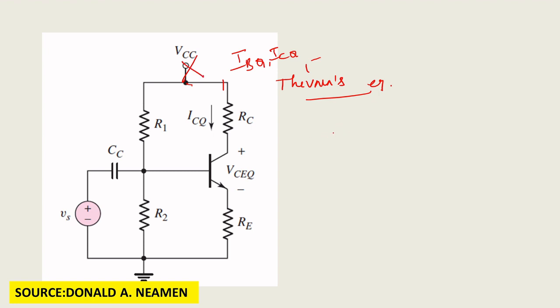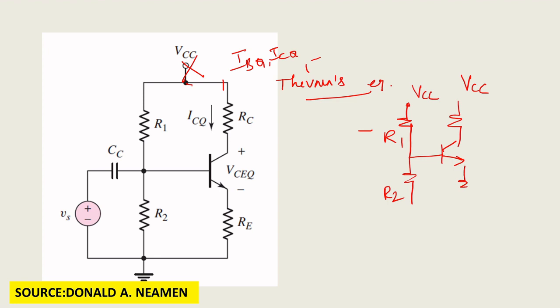I'm separating it. If you separate, what will you get? Here you have a VCC and here you have a VCC. Then this is your R1, R2, then this is your RE and this is your RC.